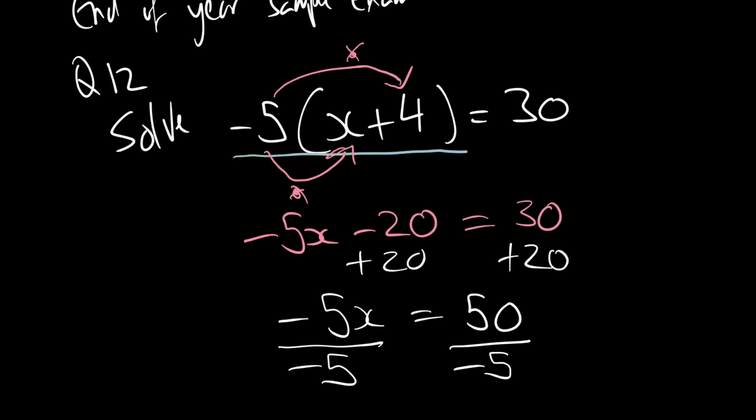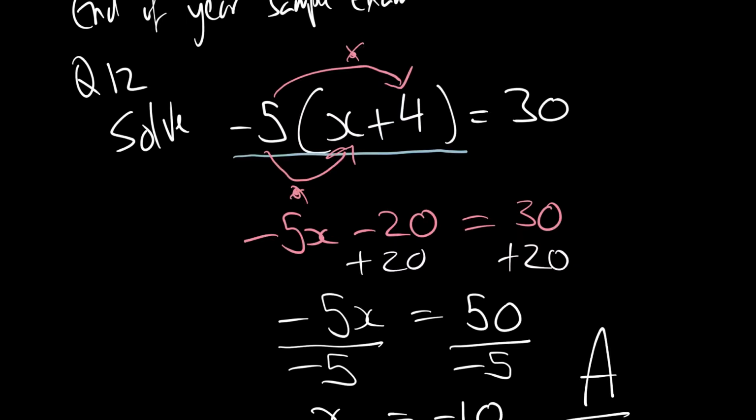So in reality we are taking this minus 5 and moving it here. Now all we have left is x, and here we have 50 divided by minus 5, which is minus 10. And this is answer choice A.